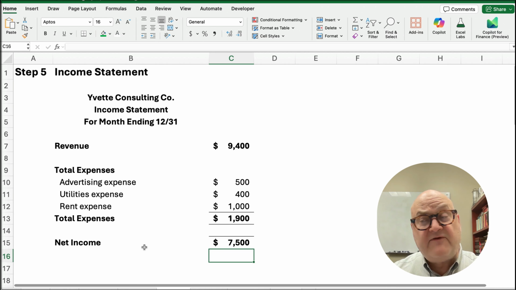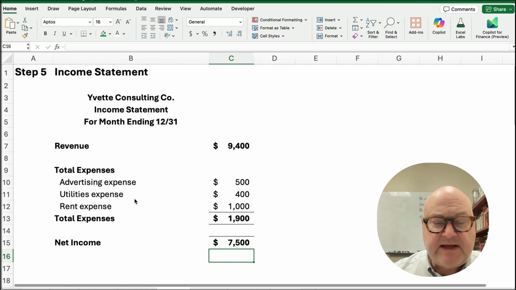So how well did Yvette do in her first month? She made $7,500. $7,500 is how well she did in a single month, right? So hopefully that would continue month after month. And so she has a much larger net income for the year.